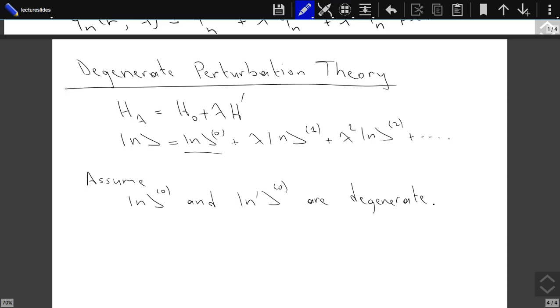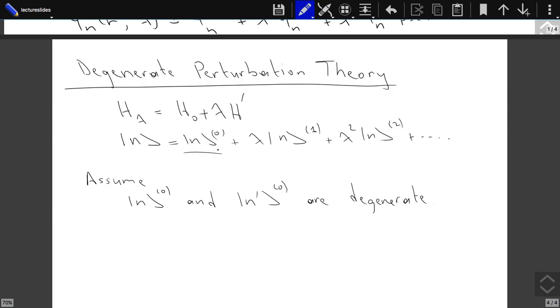So we have our eigenstates of H lambda. As we set lambda to 0, it goes to an eigenstate of H0, but which one? Because there is more than one. So that's the main cause of problem in the degenerate perturbation theory. We don't know which one it goes to. So we will make an assumption.